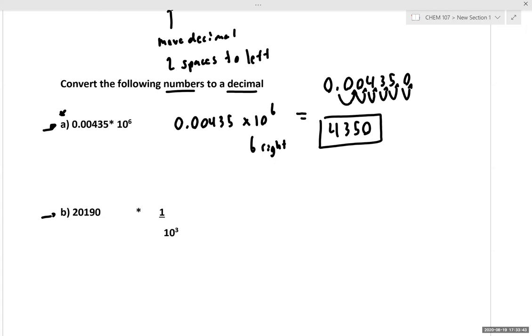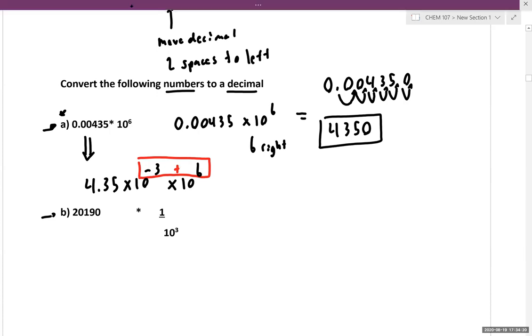So that's one method. The other method that you'll commonly see in your textbook is known as the power of 10 method or the addition method. I'm going to rewrite 0.00435 as 4.35 times 10 to the negative third. Now when we multiply it by 10 to the 6th, here's a really important trick. When you multiply powers of 10 together, and this is why powers of 10 are so wonderful, you can take your two powers of 10 and add them together.